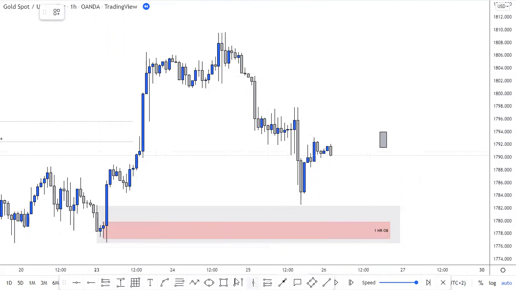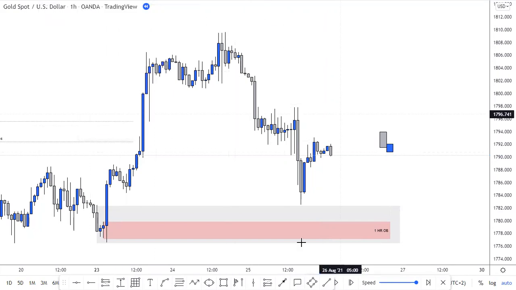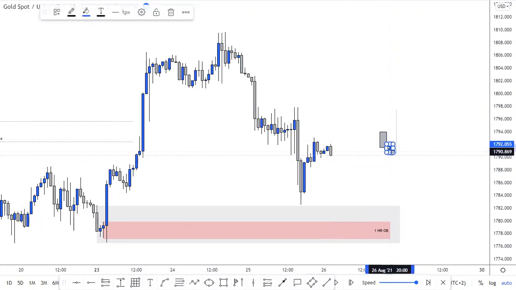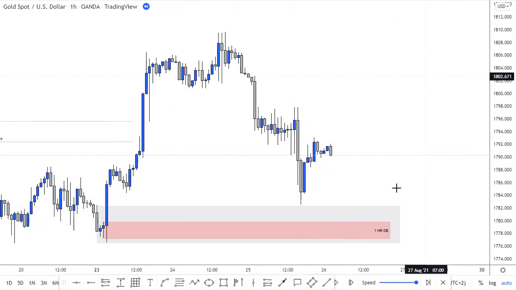But if you get a bullish candlestick after that bearish candlestick which doesn't engulf it, and then it pushes to the upside and violates the bearish candlestick's high, you take it as an order block. So this is how it's going to work.